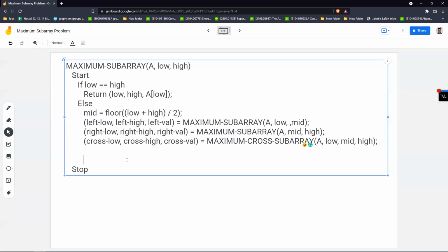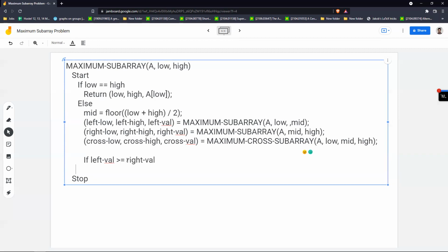Okay. So now you know how to compute the maximum of numbers. So we just say, if, so how do you say? Left val is greater than or equal to right val, then you still have to check, right?